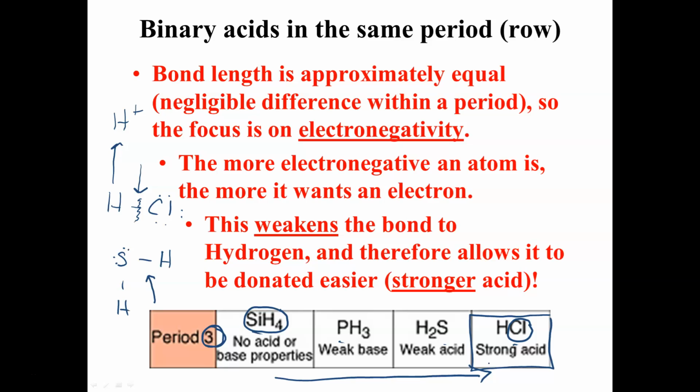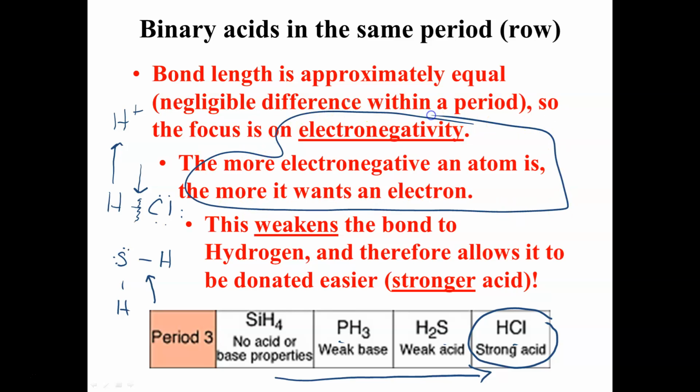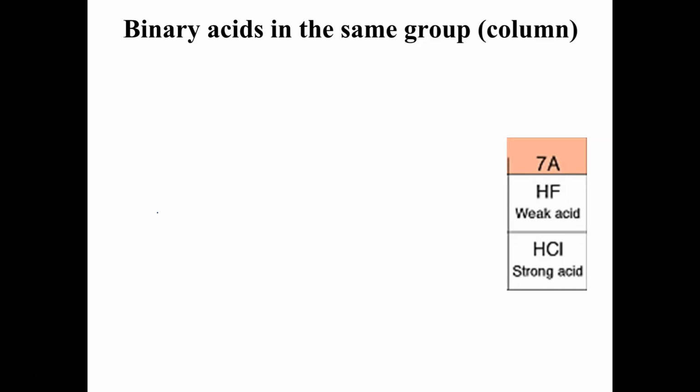A good way to remember this is if you know your 7 strong acids, you know that HCl is one of the 7 strong acids, and none of these other ones are. So if you have to compare binary acids in the same row, you know it's going to be stronger as you go towards the right, because that's where one of your 7 strong acids is. You need to know how to explain it, though, and it has to do with electronegativity and the weakening of the H-whatever bond to allow that hydrogen to be donated.